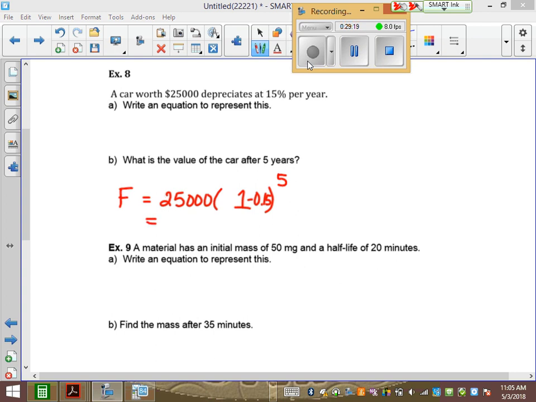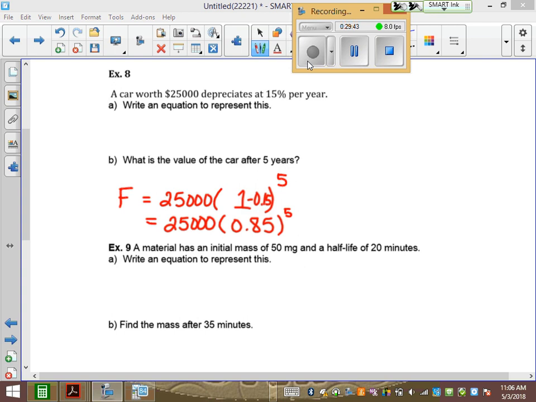So technically now, pay attention because they ask some questions like this sometimes, we have 25,000 times 0.85 to the 5. When we had a half in the brackets, what was happening? It was halving. It was getting smaller. It was decreasing exponentially, right?